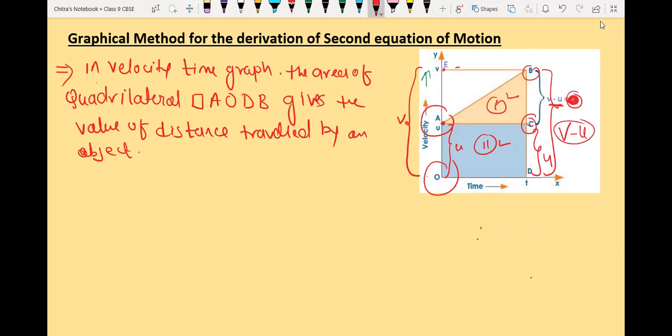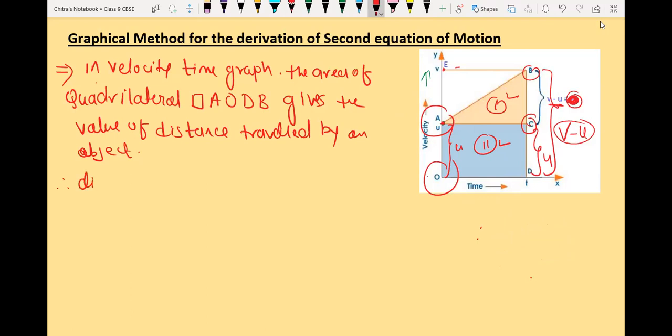So this statement is given by Newton. In the velocity time graph, the area covered by the quadrilateral AODB gives the value of distance traveled by an object. Therefore, according to the statement, what can we write?